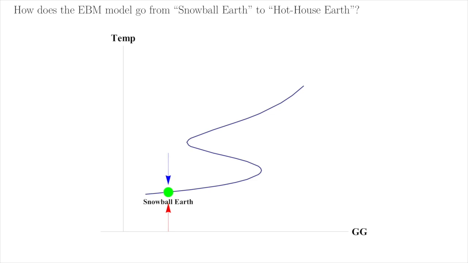Now, over time, volcanoes are going to release greenhouse gases into the atmosphere, decreasing the emissivity of the atmosphere. And so we expect to slide a little bit to the right on this bifurcation diagram. The temperature is going to increase. As the greenhouse gases and consequently the temperature increase more, we keep going to the right. It's a stable sink, so there's no reason why we would jump up to that unstable source or anything like that. We stay at our stable state, but our stable state is getting warmer and warmer.